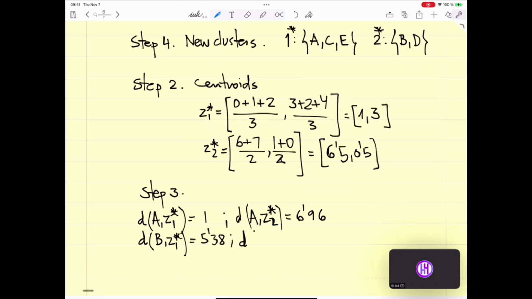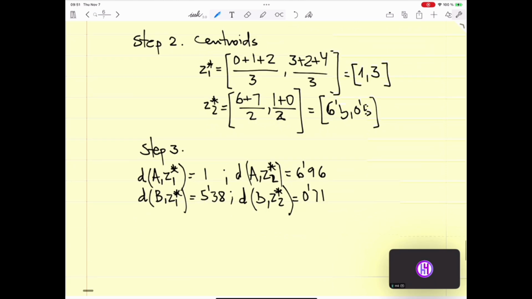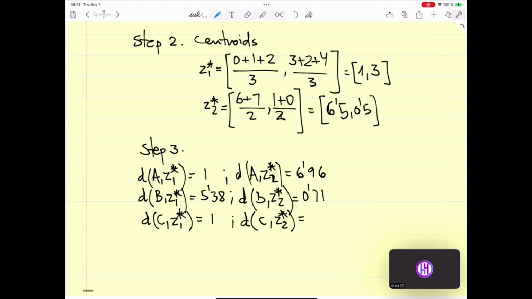The distance between B and Z2 star is 0.71. The distance between C and Z1 star is 1, and between C and Z2 star is 5.70.